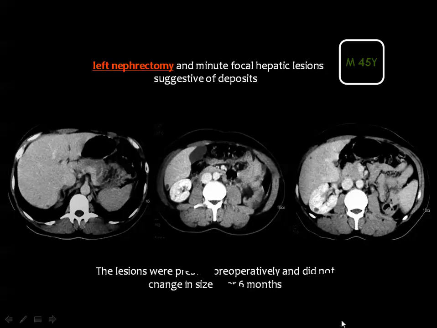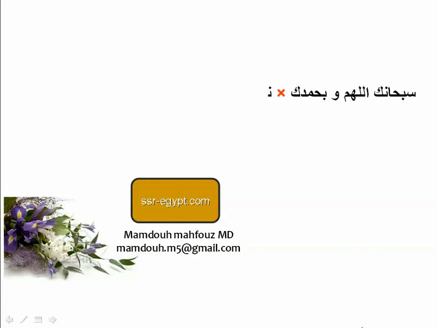Then this is the value of the previous studies, and these lesions were present preoperatively and did not change in size over 6 months. Then you may consider them as benign lesions, and thank you very much.